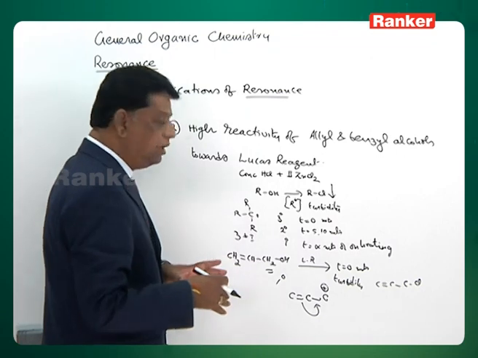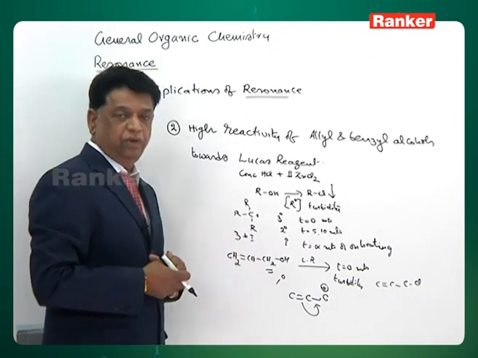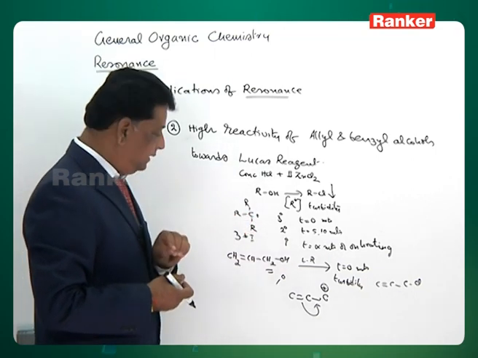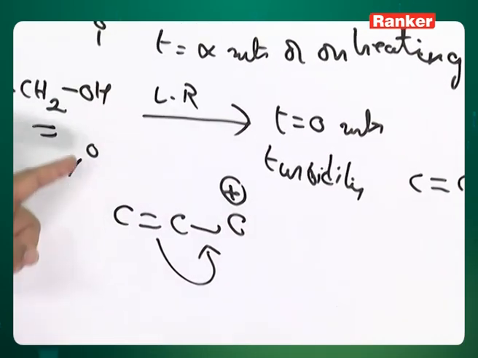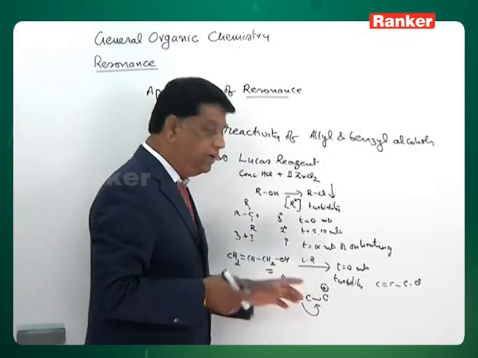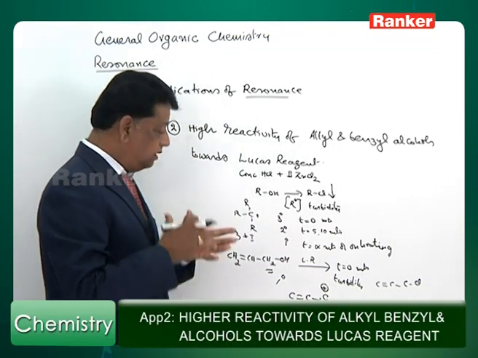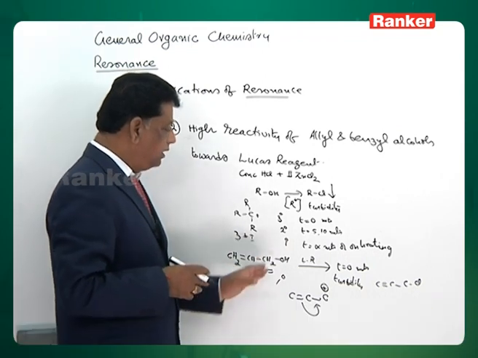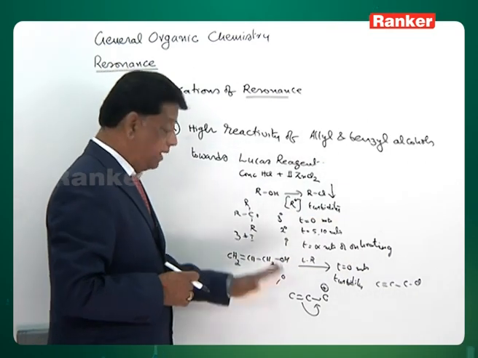Resonance is real electron movement compared to the inductive effect, which is only through the sigma bond with small electron density. So the plus charge is totally shifted from that place, this carbon gets a neutral charge, and therefore the stabilization of that carbocation is greater. So with allyl alcohol, the moment you add Lucas reagent, you immediately get turbidity, though it is primary.